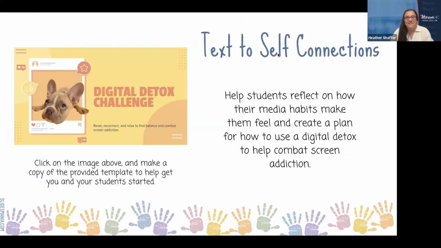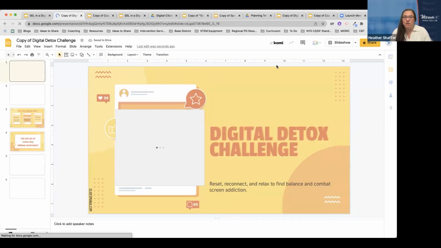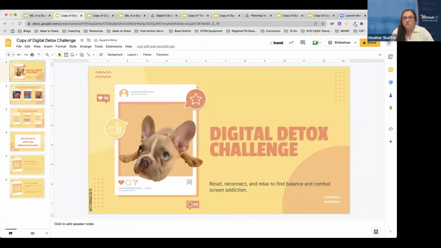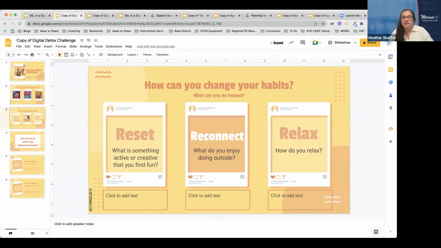The activity that goes with it is the digital detox challenge. If you decide to go along with the character from this book and challenge your students to do a digital detox, this will help them to really analyze, what's making me feel panicked when I'm online? What's making me feel upset? What's making me feel irritable? And then coming up with strategies to combat that.